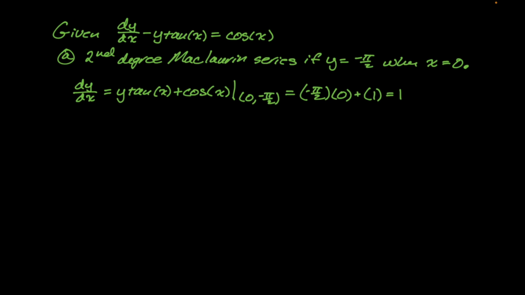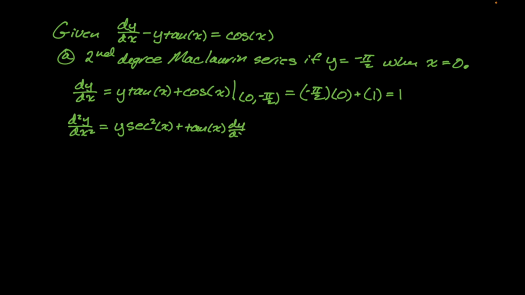Now we need to find the second derivative, which is going to involve the product rule and a lot of chain rule. So for y times tan of x, we have to find the derivative using the product rule. It's going to be first, derivative of the second, and then plus second, which is tan of x, derivative of the first. The derivative of y is dy/dx.